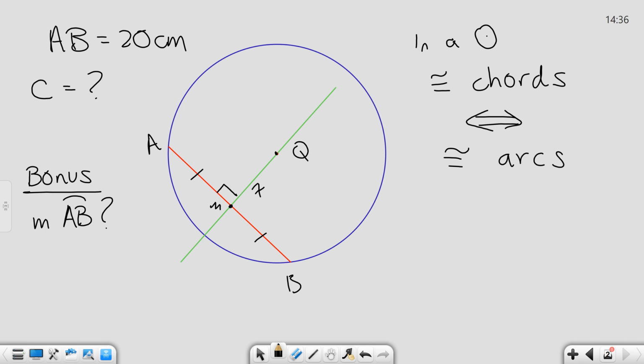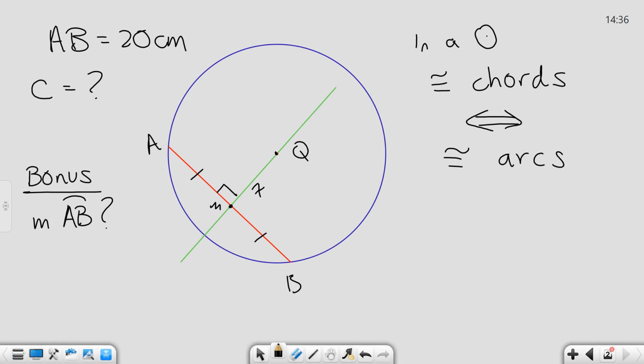We're going to do Q to A or B, whichever, and then do the Pythagorean theorem to find Q to A. What's this?